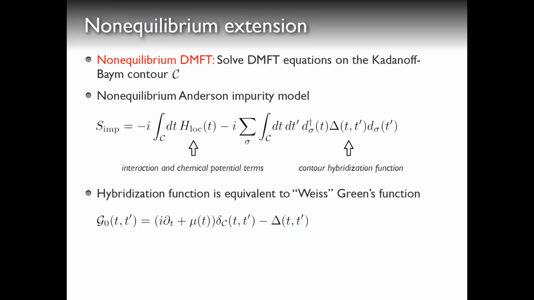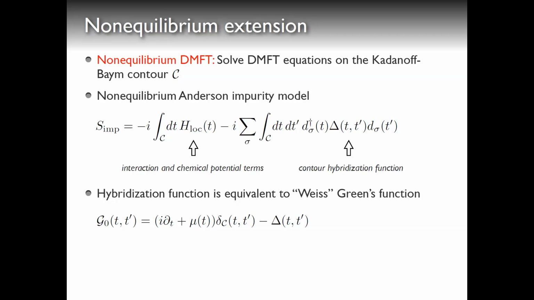As always in the dynamical mean field calculations, the main challenge is the solution of the impurity model. So this is a general non-equilibrium impurity model where we have some local part describing interaction and chemical potential terms, and the hybridization part.